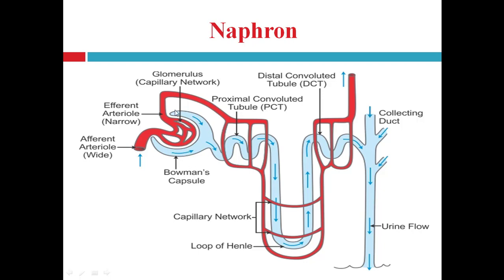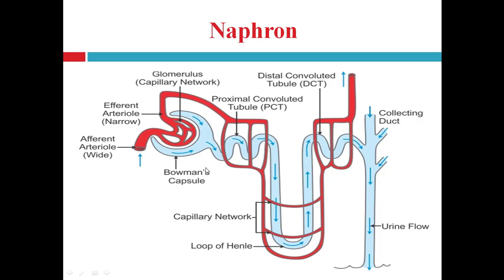So the glomerulus contains the Bowman capsule and this capillary network, which is present inside the Bowman capsule. So the glomerulus is the closed, cup-shaped part, and it is known as the Bowman's capsule.